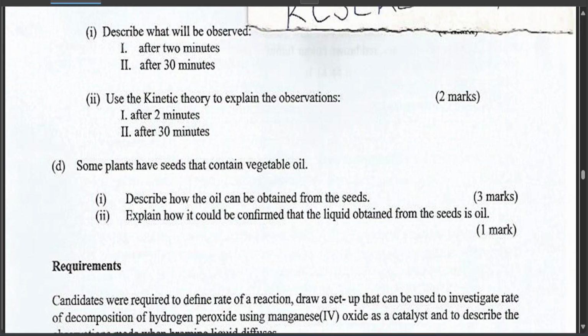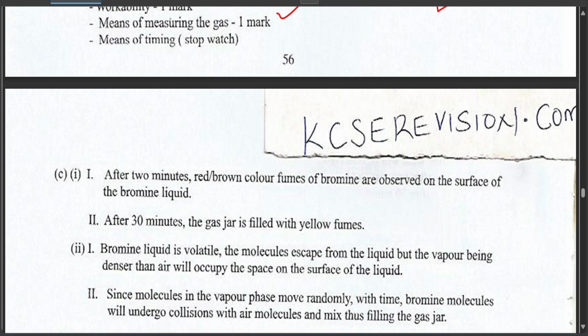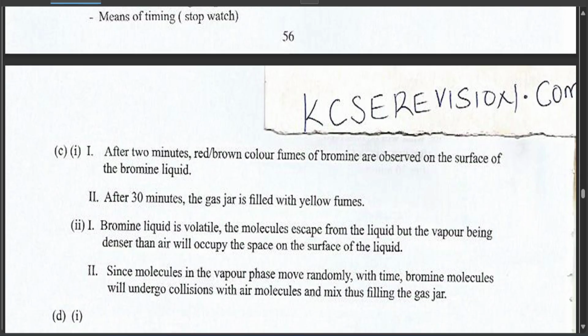After 2 minutes, red-brown fumes of bromine are observed on the surface of the bromine liquid. After 30 minutes, the gas jar is filled with yellow fumes.